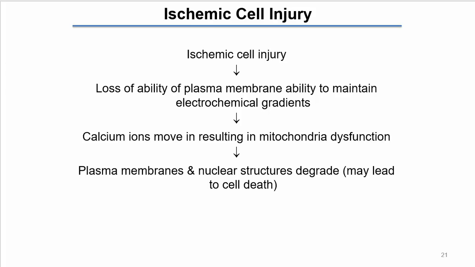So what happens? Well, if we have ischemia, then the cell will not get enough oxygen. When the cell doesn't get enough oxygen, it can't make ATP. And up to 70% of the ATP that a cell makes is used in the sodium-potassium pump.